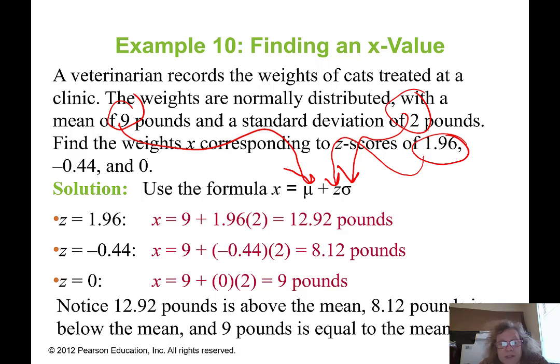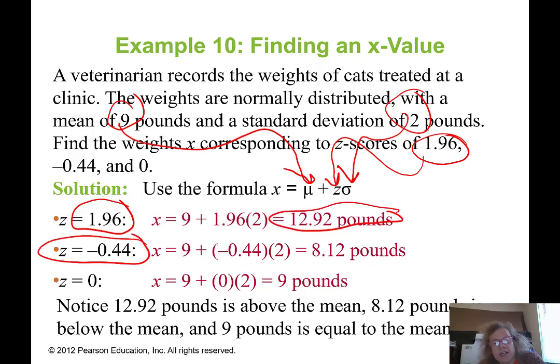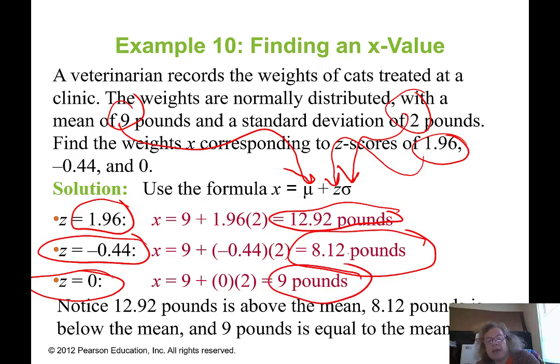One thing to notice is that z equals 1.96 is above the mean of 0, and so is 12.92 pounds. Z equals negative 0.44 is below the mean, and so is 8.12 pounds. And for z equals 0, remember 0 is our mean, we get back just our mean for x.